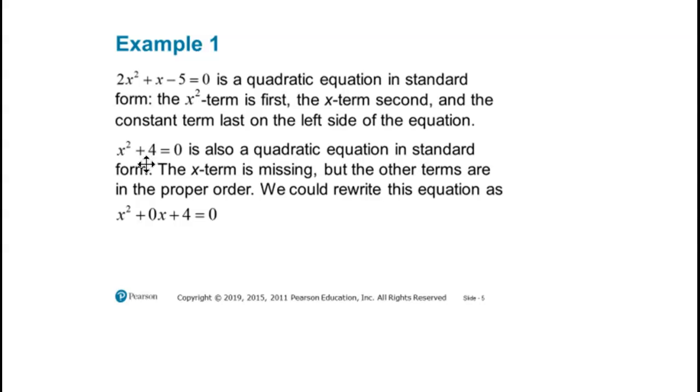You'll notice it has the x squared component, but the x term is missing. Everything else is there and it's in the proper order. You could say x squared plus 0x plus 4 is the same thing, because 0 times x is 0, but you don't want to. You just want to keep it as the simple x squared plus 4, because that's going to make it easier when we go to solve it later on.